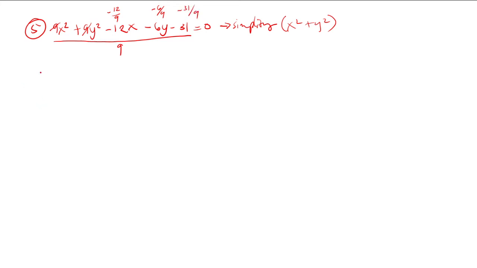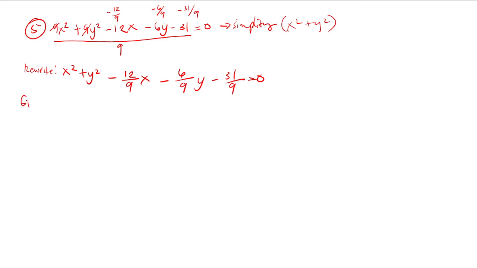Okay? So, rewrite lang natin. So, magiging x squared plus y squared minus 12 over 9x minus 6 over 9y minus 31 over 9 is equal to 0. So, maging ganyan siya. Okay?